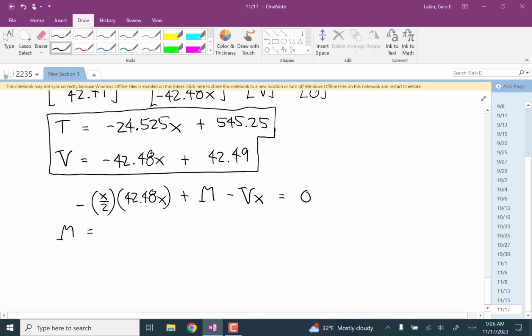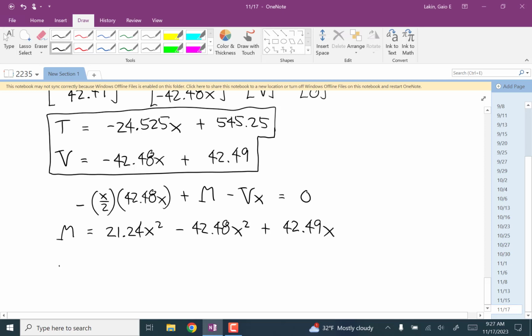So M is equal to 21.24x squared minus 42.48x squared plus 42.49x.